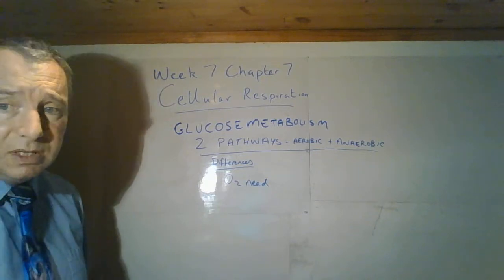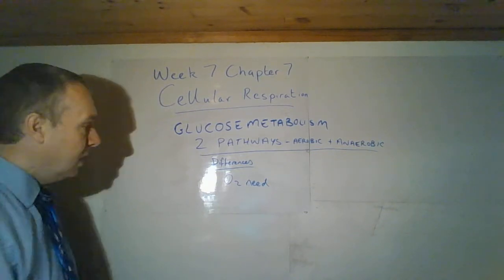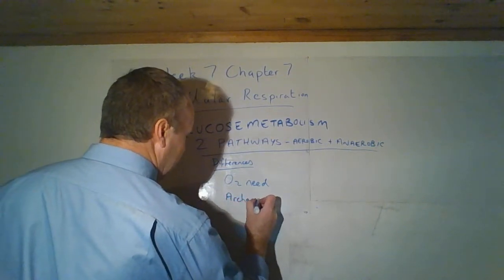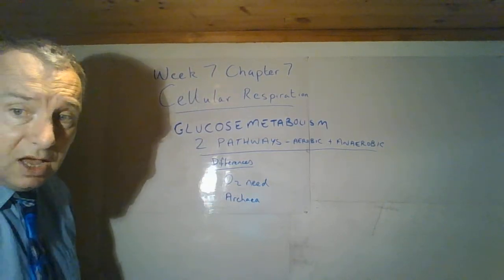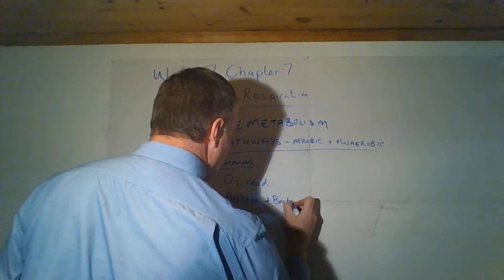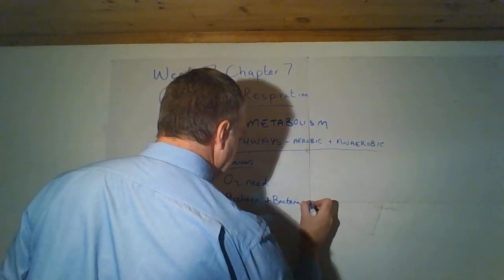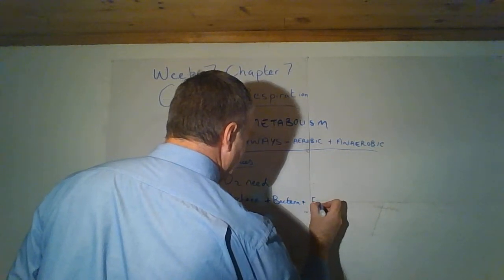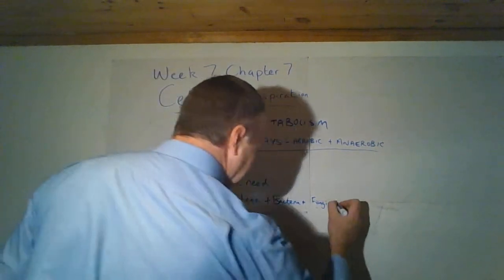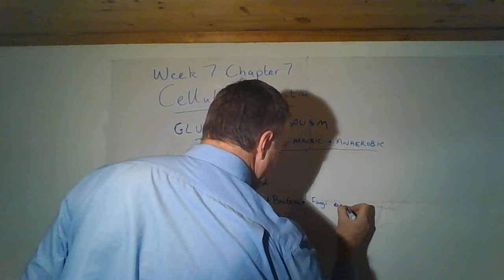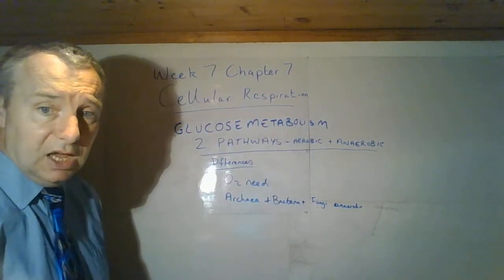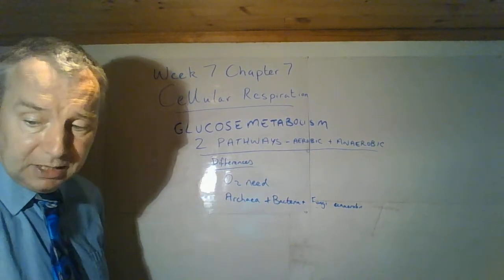And the types of organisms that do the 2 pathways differ too. For instance, archaea, which are the world's most ancient microorganisms, and a lot of bacteria, plus some fungi, are anaerobic, sometimes only anaerobic.